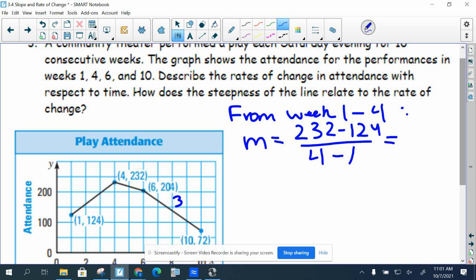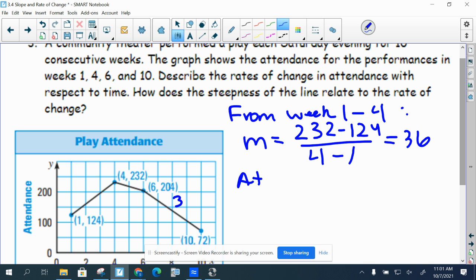Simplify that, divide by 3, and get 36 people per week. Attendance increased at a rate of 36 people per week.